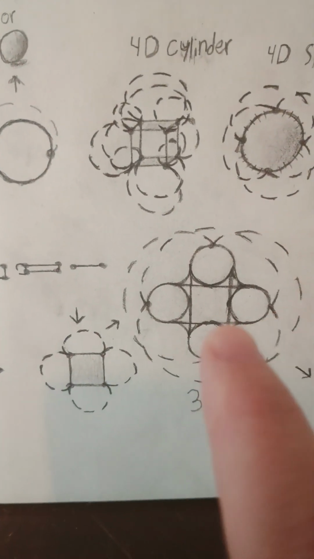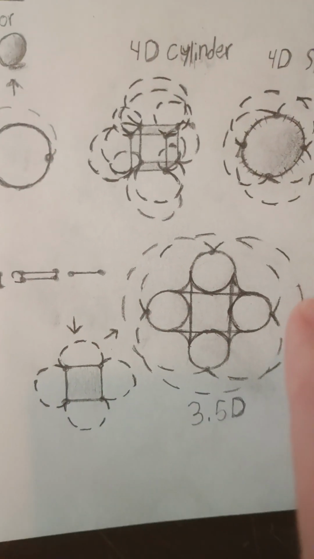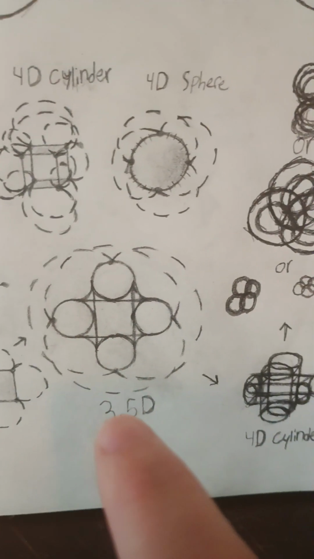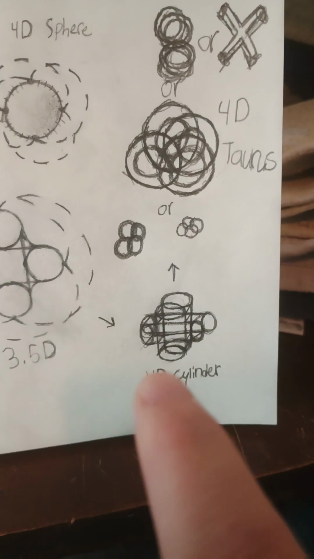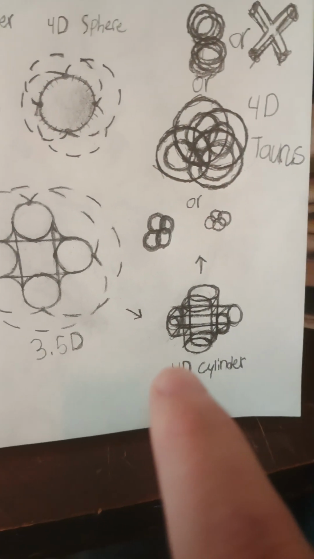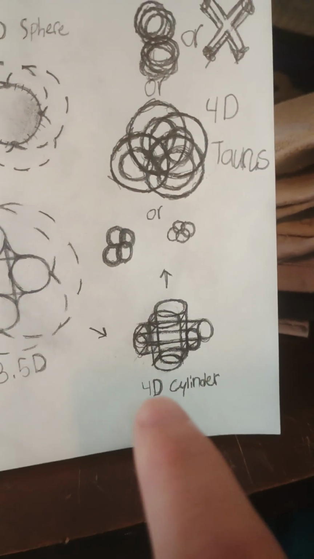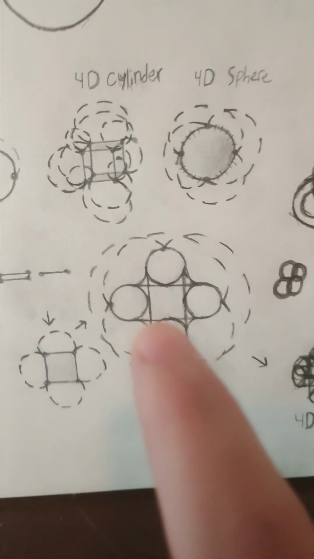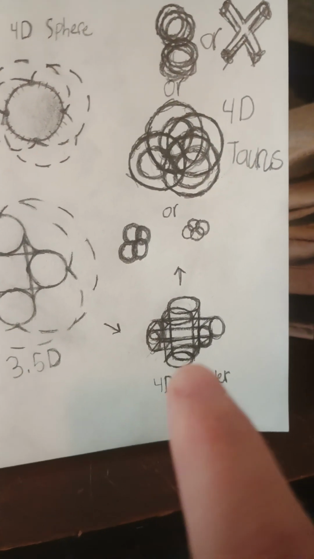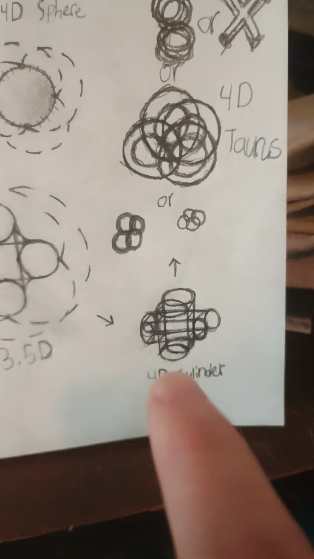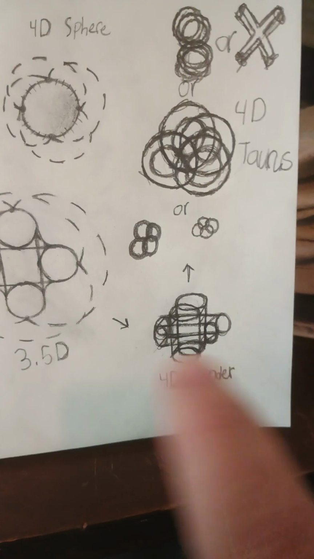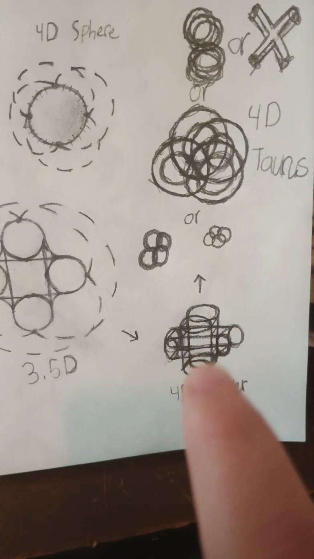And that's what I did here. I connected each tube, boom, boom, boom, boom. And I moved on. And I added the dimension of depth. It's very hard to tell. I'm not the best artist at this point. But I added the dimension of depth to this object. And this is what I call a 4D cylinder. It's literally just 4 cylinders. 2 stacked this way, 2 stacked vertically, 2 stacked horizontally.